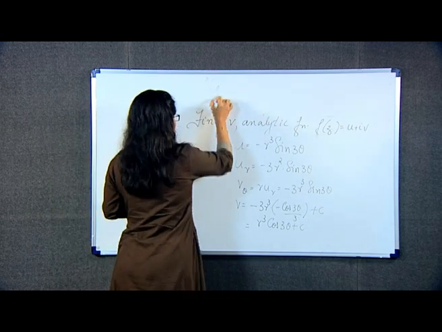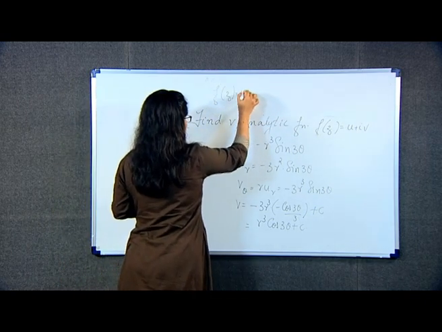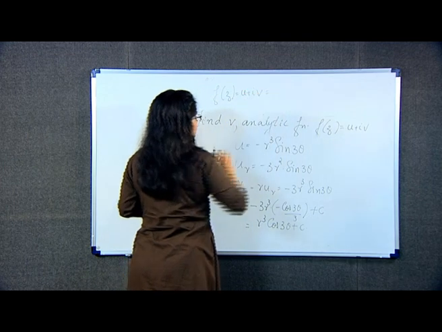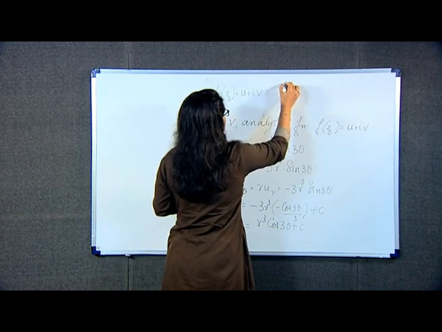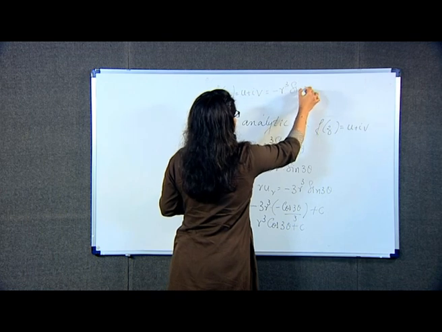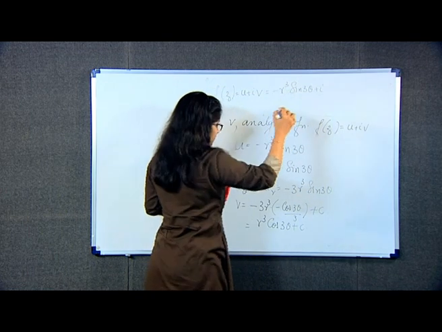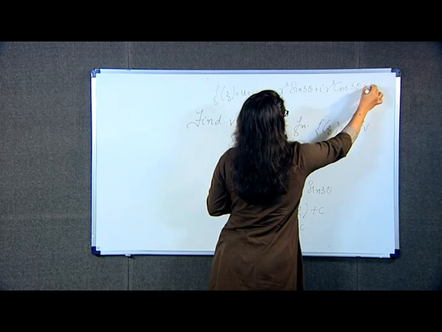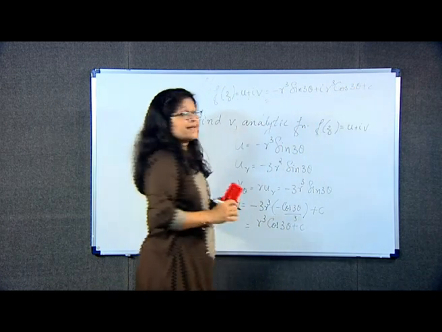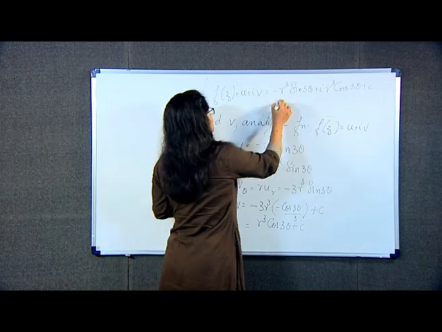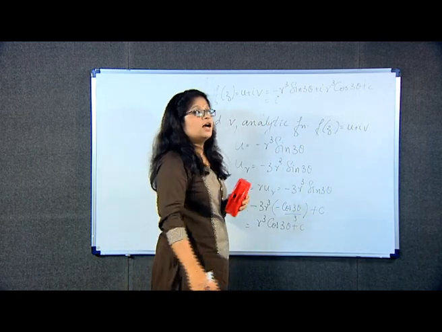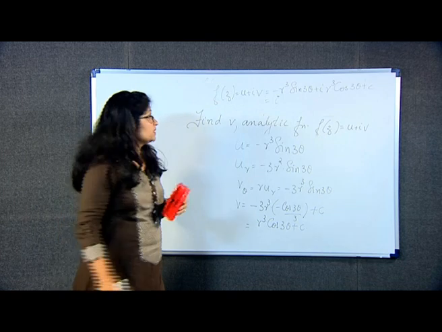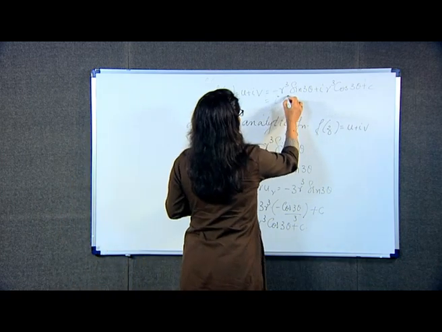So, I have my f of z as u plus iv, that is minus r cube sin 3 theta plus i r cube cos 3 theta plus c. So, I take an i outside because otherwise you cannot write an expression for z in terms of r e raised to i theta. So, I take i r cube outside.